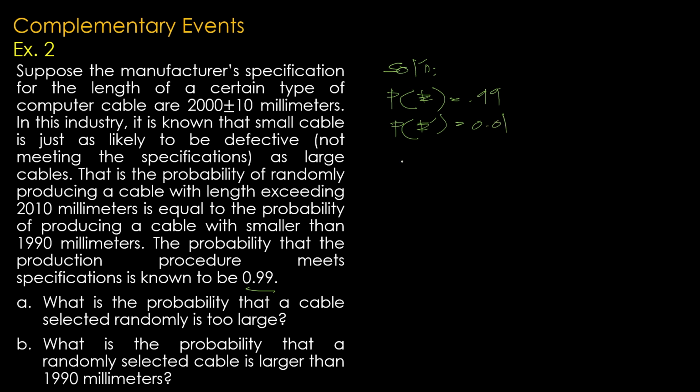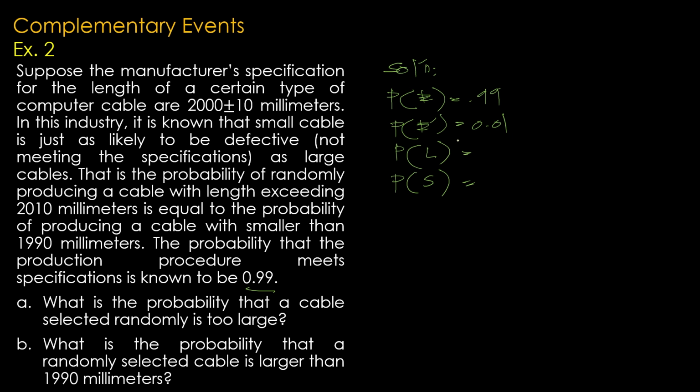And it is also stated in the problem that small cable is just as likely to be defective as large cable, meaning the probability of getting a large cable and the probability of getting a small cable are the same. We know that the probability of not getting the exact value is 0.01.